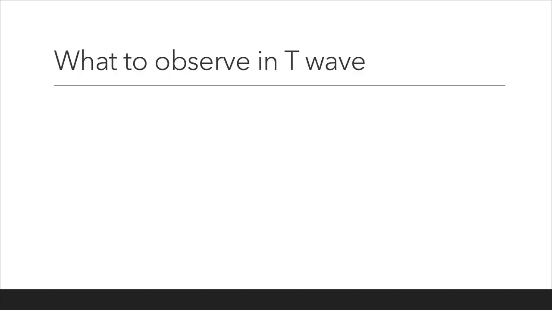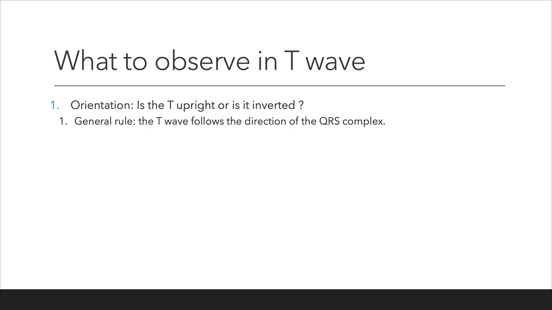So normally what do we observe in the T wave? First of all, we are going to look at orientation. Is the T wave upright or is it inverted? Now generally as a rule, the T wave follows the direction of the QRS complex. So if the QRS is predominantly negative, you could expect the T wave to be negative as well. For example, in lead aVR, where the QRS is usually negative, the T wave is usually negative as well.